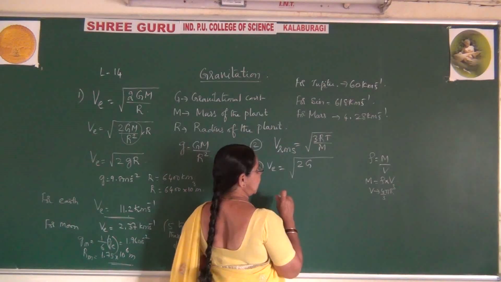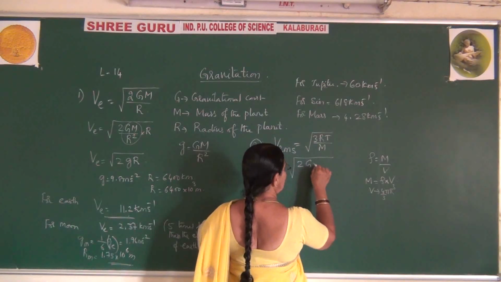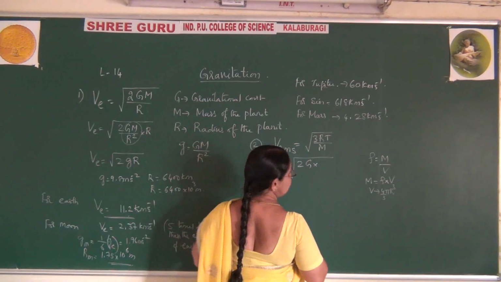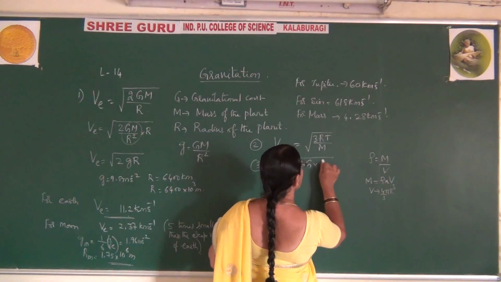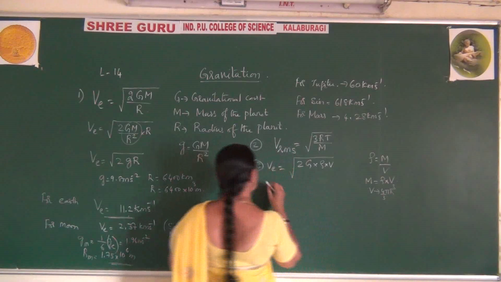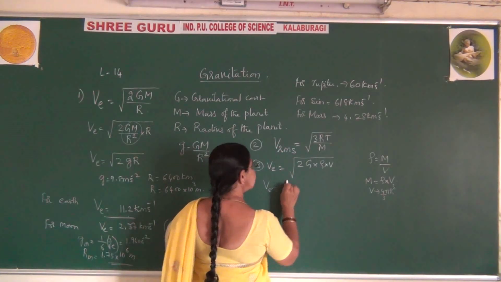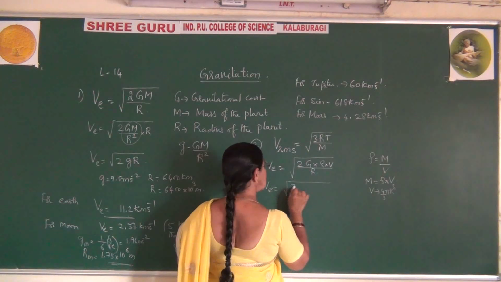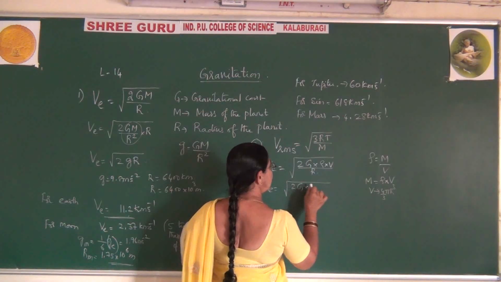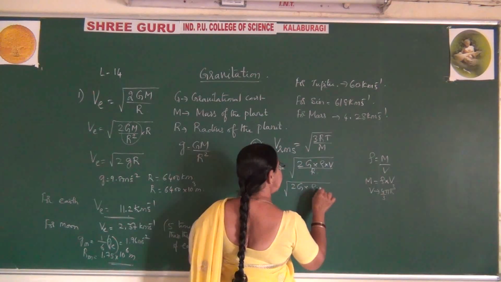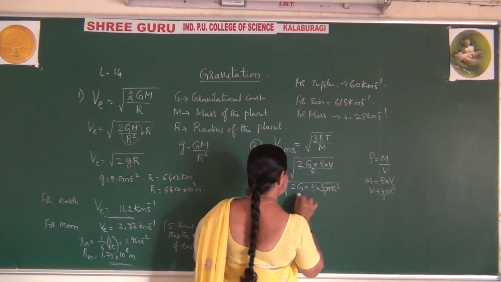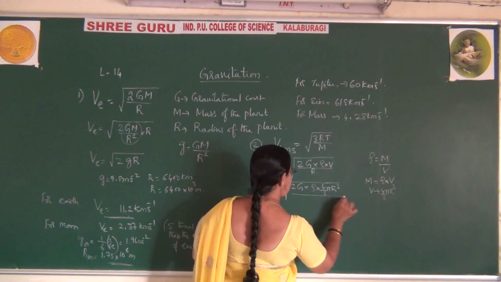So instead of M I write rho into V, and this is divided by R. Okay, this is 2G into rho into 4 by 3 pi r cube divided by R.